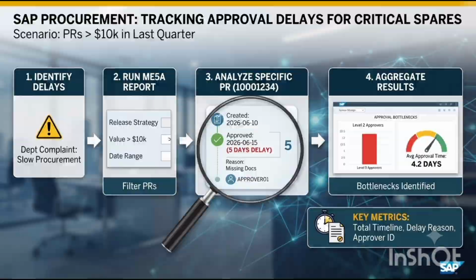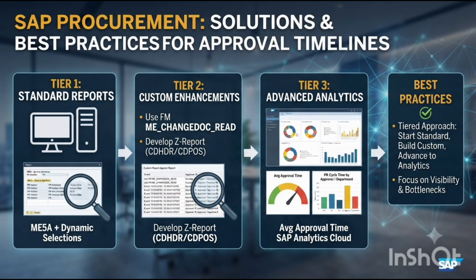To build a sustainable framework for tracking approval timelines, organizations should adopt a tiered solution approach. Tier 1 focuses on maximizing standard tools, relying on transaction ME5A combined with dynamic selections and customized layouts to cover routine reporting needs without modifying the system.